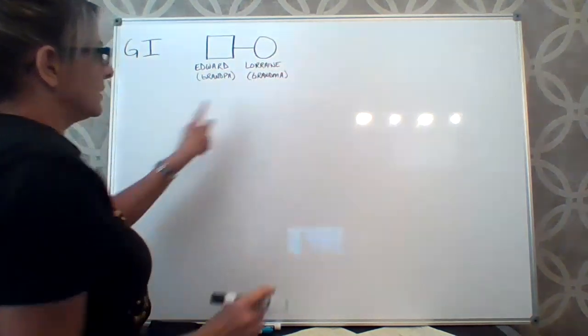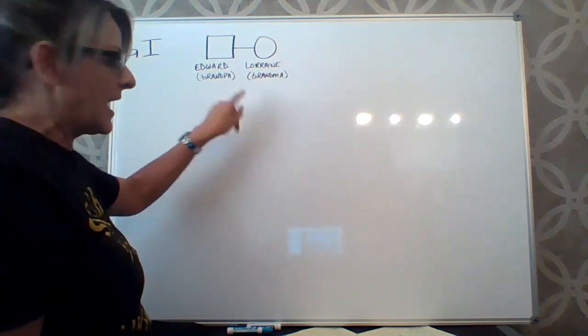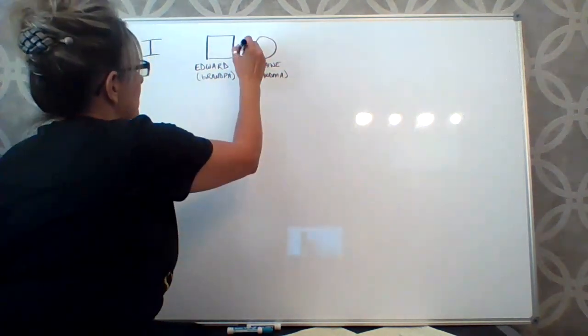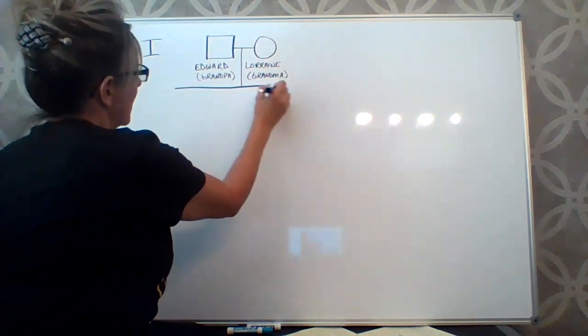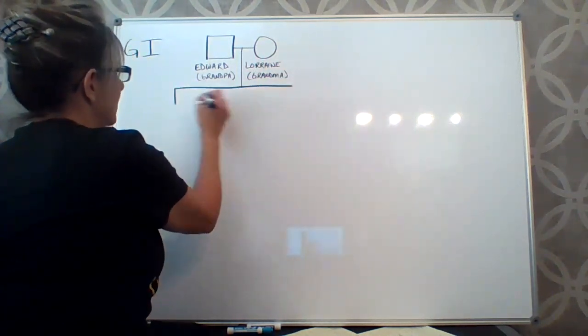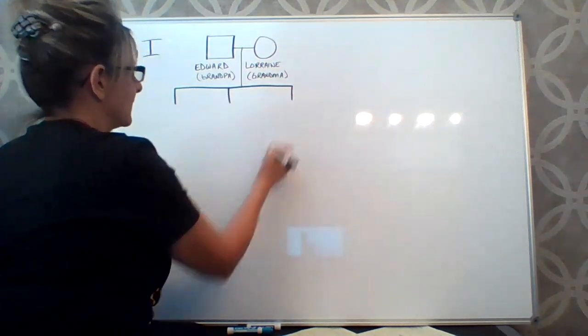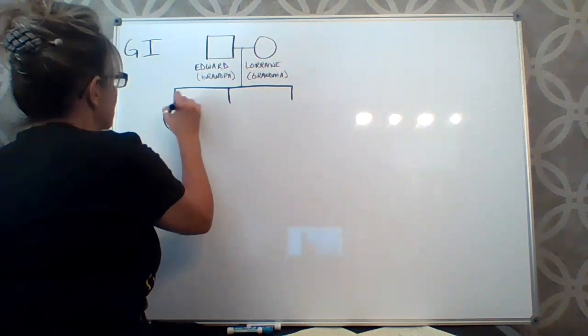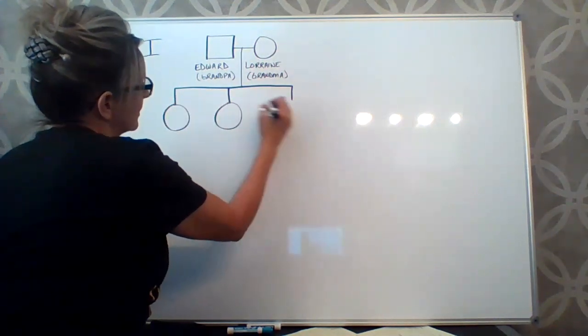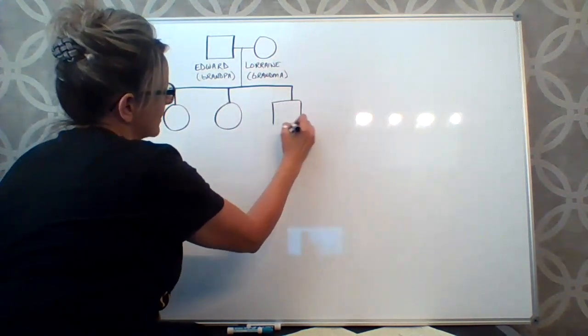Now, Ed and Lorraine, when they got married, had 3 children. So we're going to draw that line of descent down, and we're going to draw in their 3 children. Now they had 2 girls and a boy. So we're going to draw a girl, and we're going to draw a girl, and we're going to draw a boy.